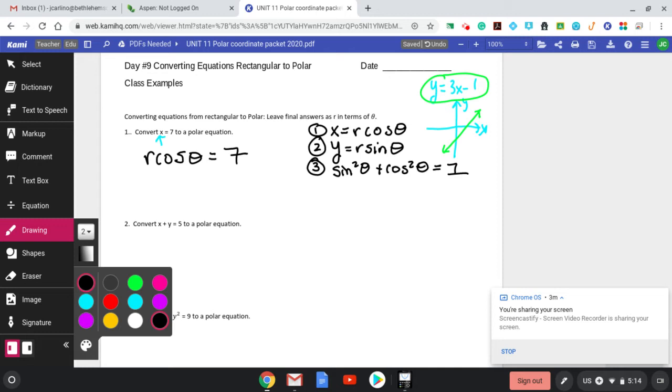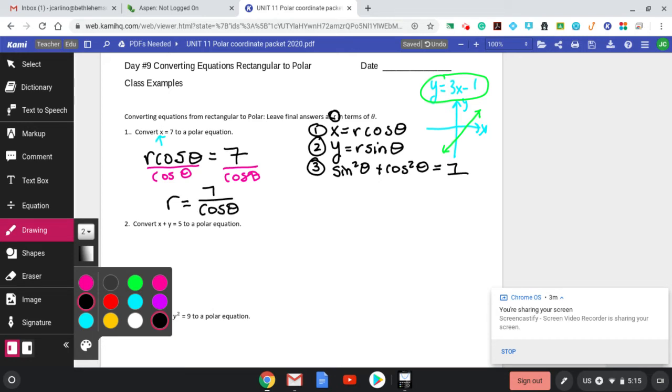Leave your final answer as r, so we need r equals at the end. You see it's r times cosine, so how can I get rid of the cosine? I can divide both sides by cosine theta. So here we go. R is equal to 7 divided by cosine theta.